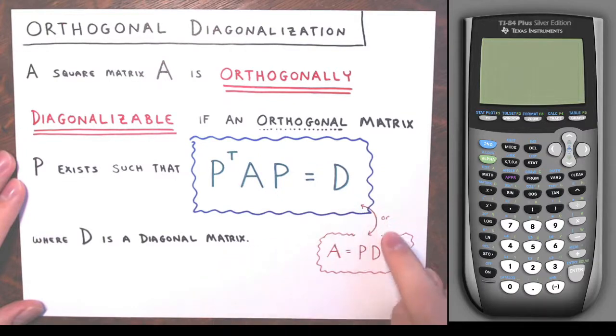Equivalently, you could also say A is equal to P times D times P transpose.